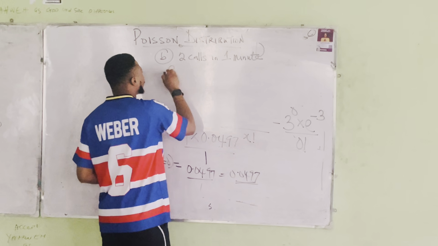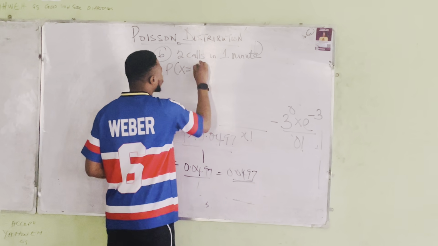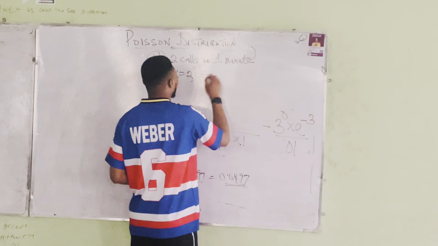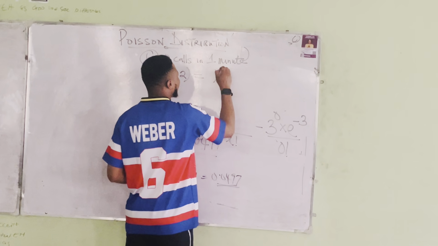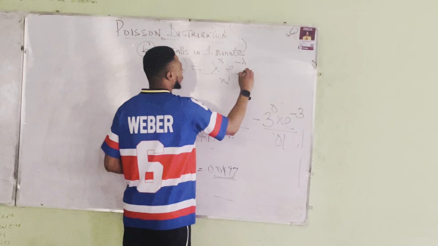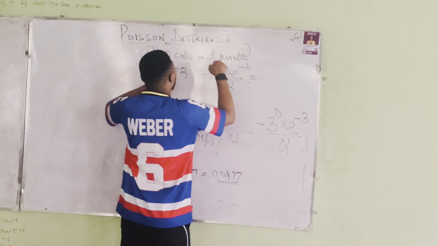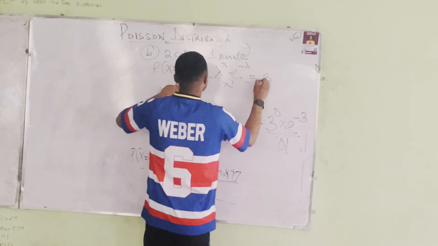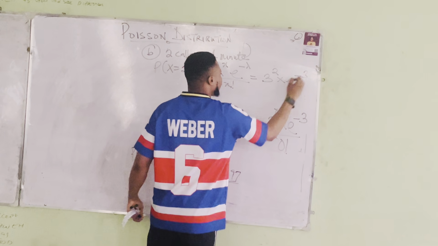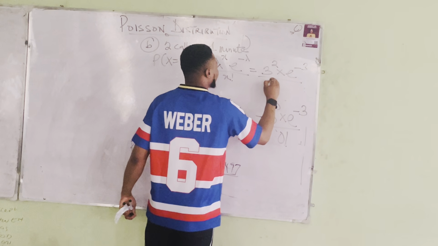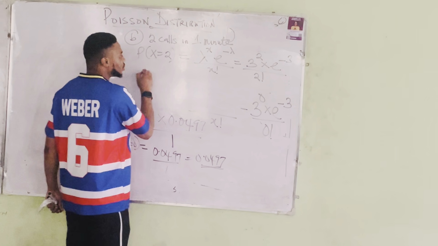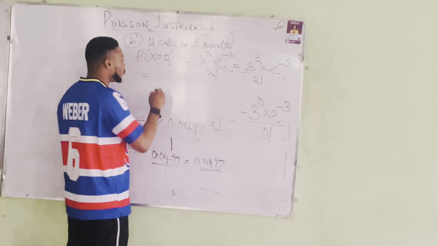Now we are looking for the probability of x equal to 2. So we have lambda raised to power x, e raised to the power of minus lambda, all over x factorial. This will be 3 raised to the power 2 times e raised to the power of minus 3, divided by 2 factorial. Are we together? 3 raised to the power 2 is 3 times 3, which is 9.